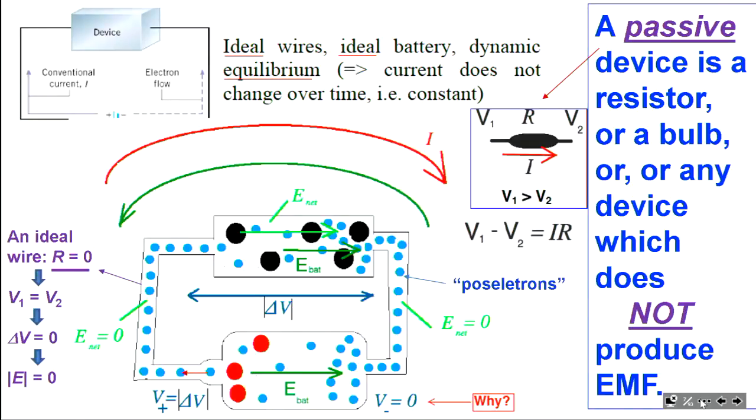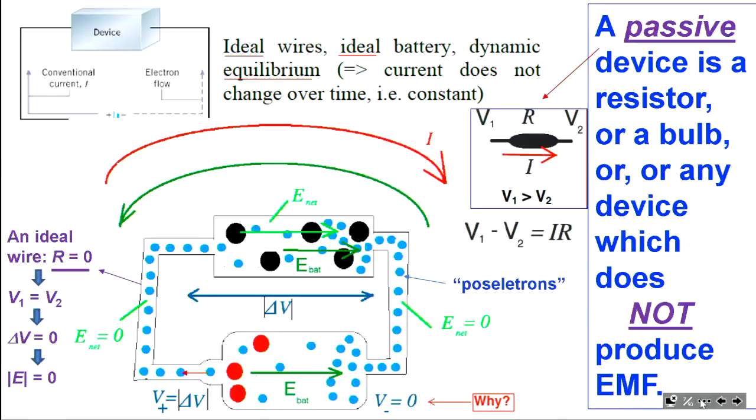Now, relative to this value, the positive electrode of the battery has a number we call EMF, that fixed voltage provided by the battery. And if we look at a fictional positive charge, a positron, it will be repelled. Plus and plus, they repel each other.